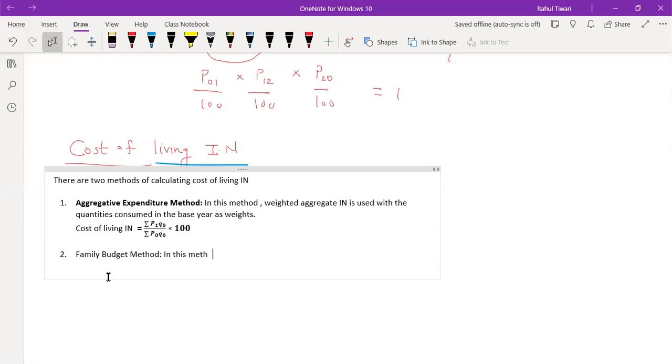In this method, the cost of living index number is obtained by taking the weighted average of price relatives, the weight being the expenditure in the base year.